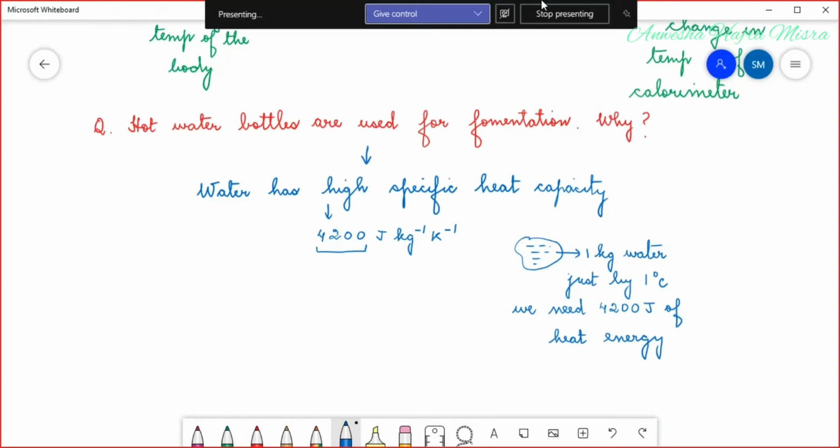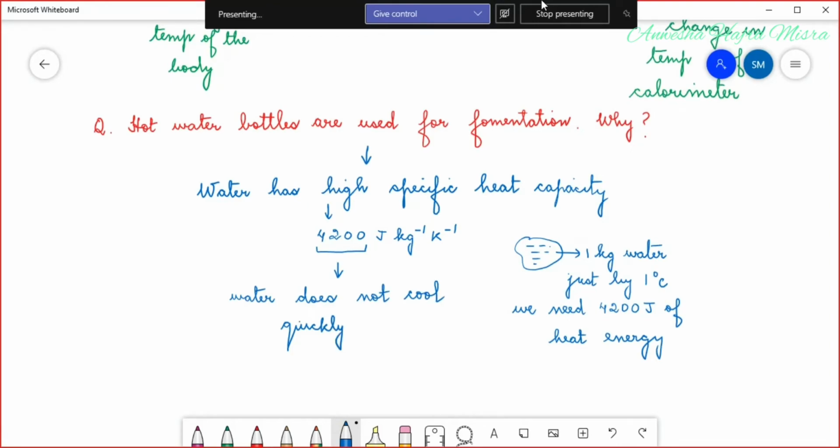Water has a high specific heat capacity. That means to cool just by 1 degree Celsius, it has to liberate this 4200 joule of energy. So water does not cool quickly. It has to liberate a lot of energy to cool.